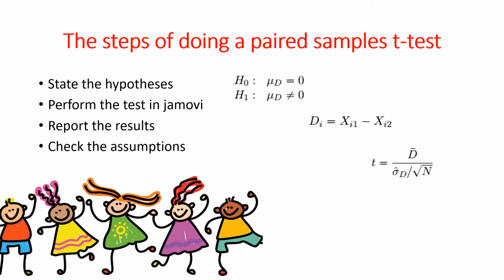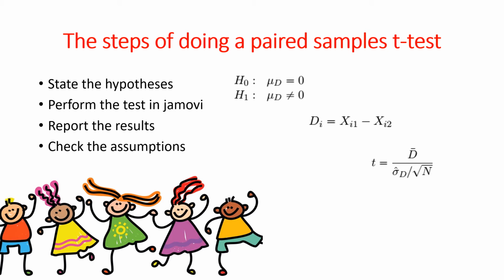If you're interested, you can read more about them in the books I mentioned, but you don't really need to do it by hand because Jamovi will do it for you. But it's good to know how the equation works and what all those signs are.